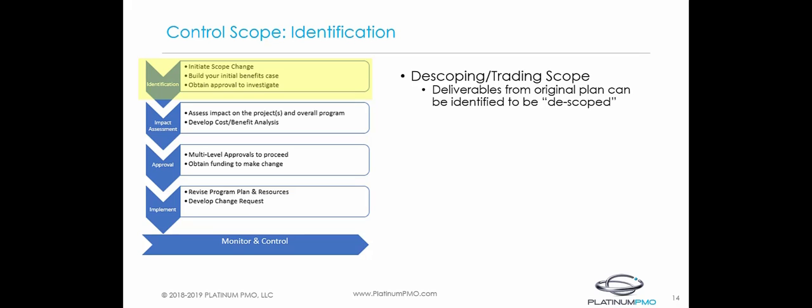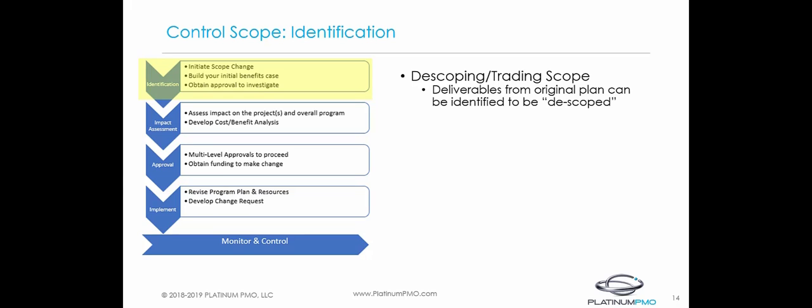The rule of thumb that I would use for a trading scope change request is to only perform these types of change requests when it's a true integration quid pro quo, meaning that you can't descope unless you add scope or vice versa. If there is not a true integration, my suggestion would be to treat them as 2 separate changes, one for descoping and one for scope addition, and let the change review board decide their fates independently.